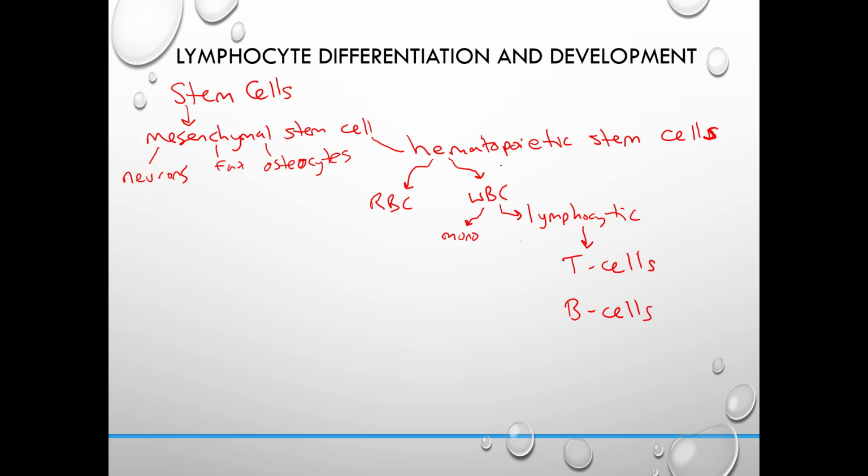T cells are going to make up your cell-mediated immunity. And B cells are going to make up your humoral immunity.